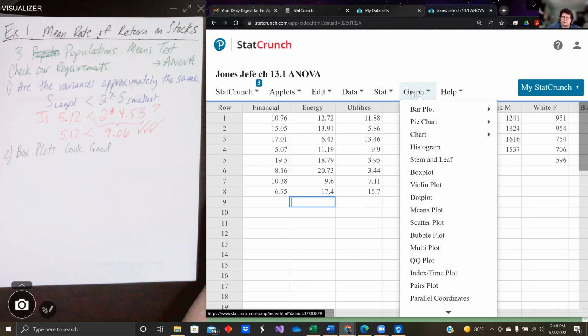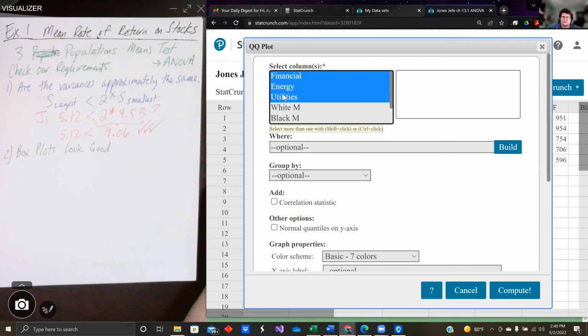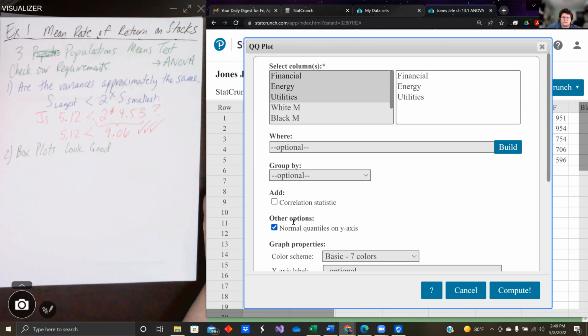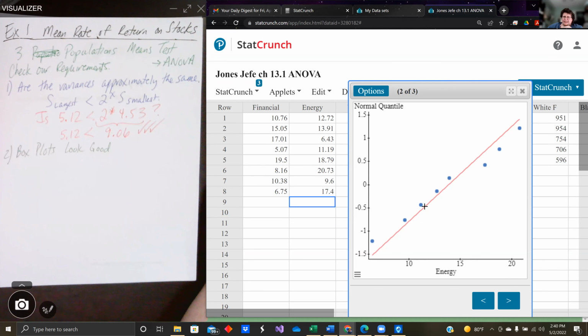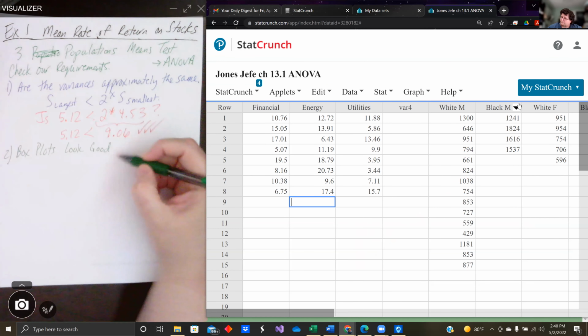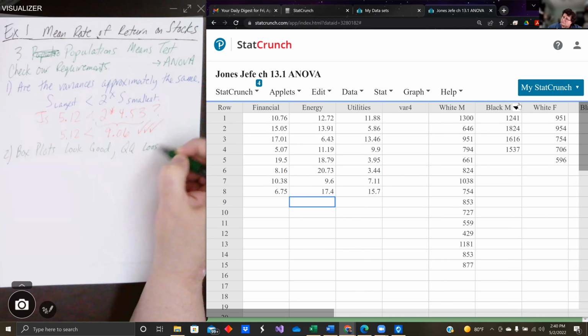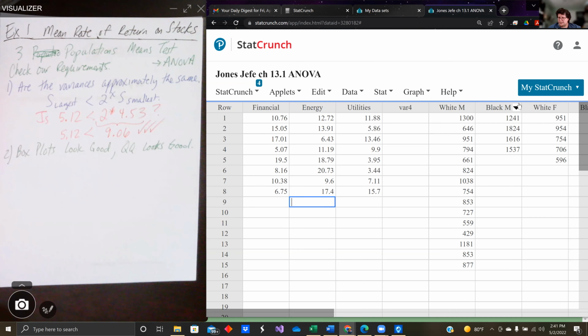And we'll take a look at our QQ plots. Financial looks like approximately a straight line. Energy looks approximately a straight line, and utilities does too. So they all look kind of good. The QQ plots look good also, which means that we can start doing our test.